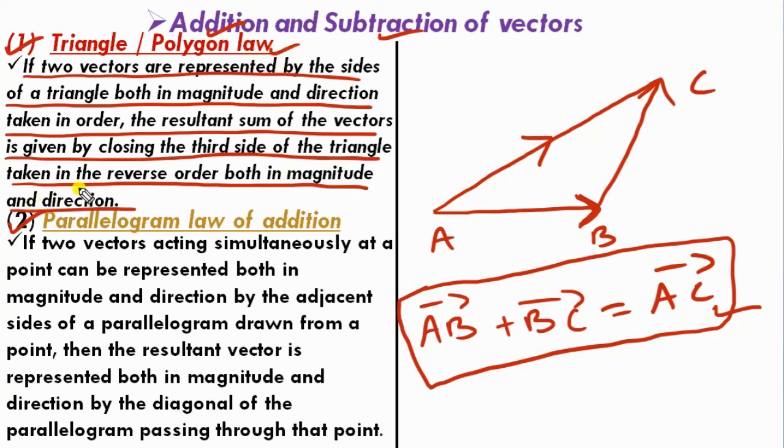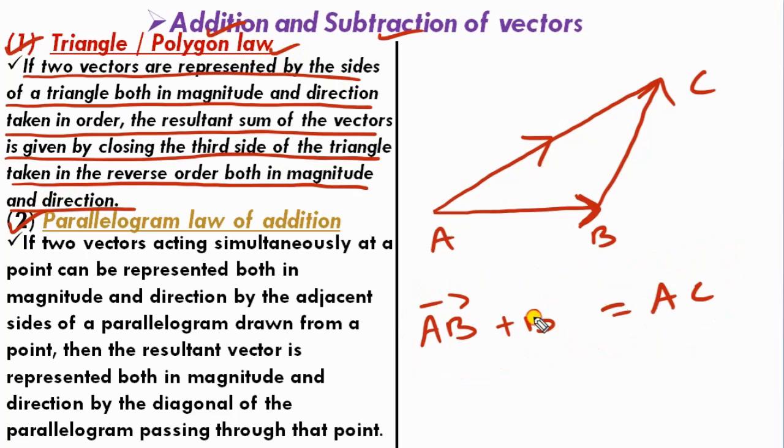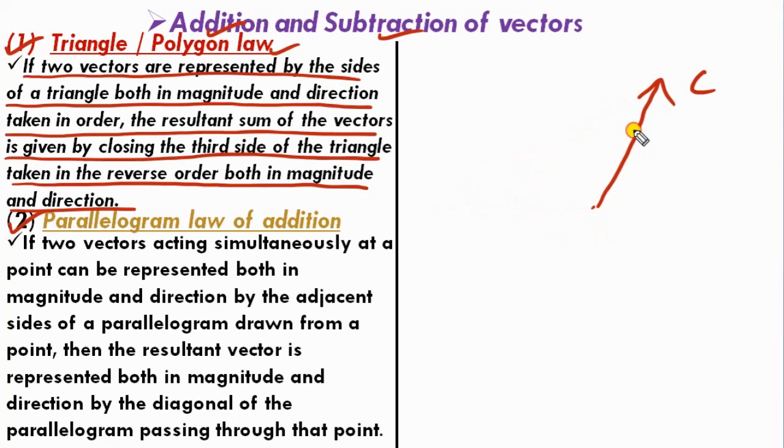Let's see how. Let me erase it first. Okay, let's say there are several vectors. Let's say the first vector is AB. Remember, the head of each vector should be coincident with the tail of the other vector. This is a very important condition to apply the triangle law.